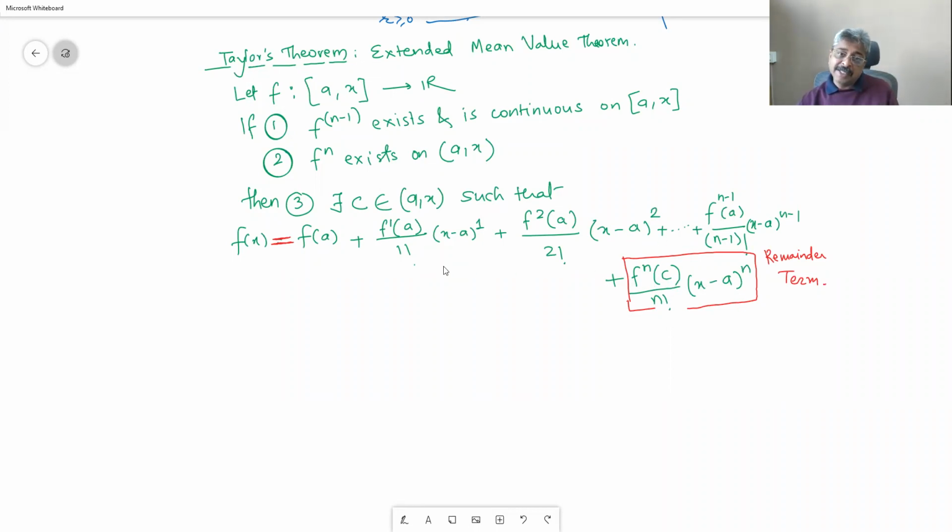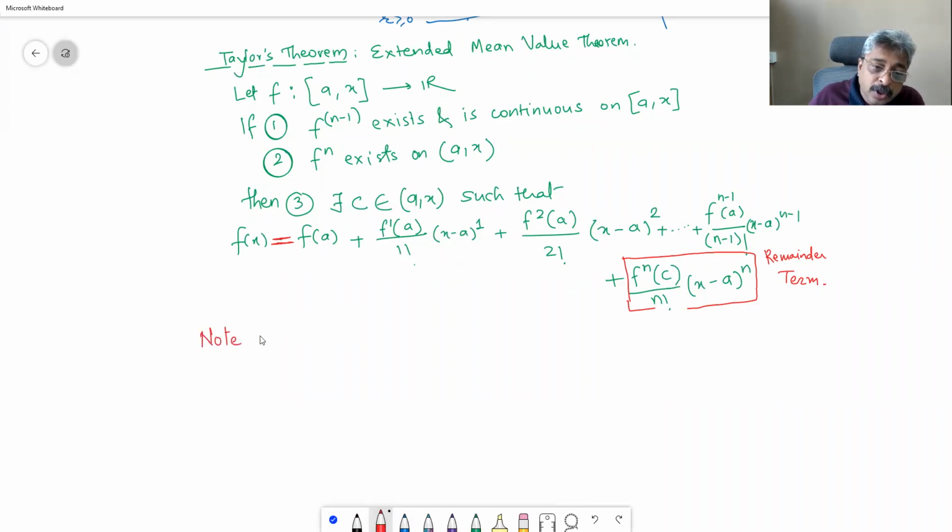The theorem says that there will exist c which will give you this value, which if you add, LHS would become equal to RHS. Okay, so note, remainder term depends on?